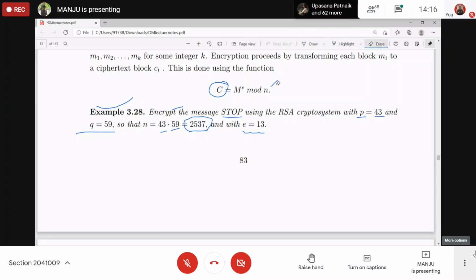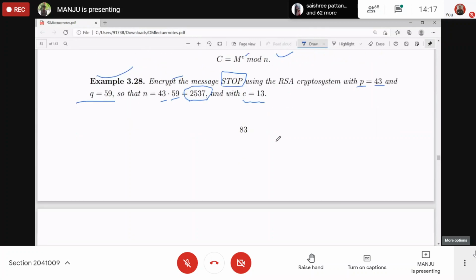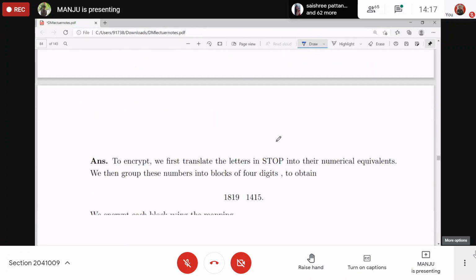This is your encryption key. N is given, E is given, and M you can easily find for STOP, that we have already done: 18, 19, and 14, 15. Take the power 13, apply modulo 2537 and encrypt it. What is the encrypted message that we will calculate?